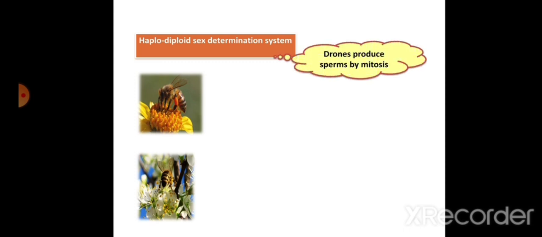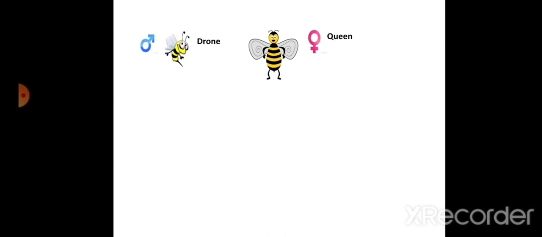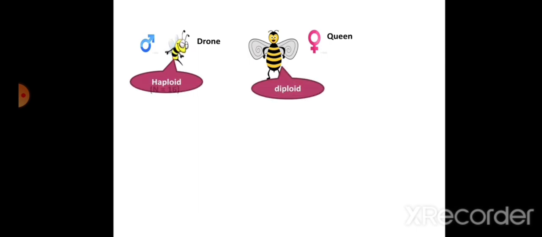Drones produce sperms by undergoing mitosis, as they have a haploid number of chromosomes. Now see here, the first image is of the drone, that is a male with n equal to 16 chromosomes, that is haploid, whereas the queen is diploid with 2n equal to 32 chromosomes.